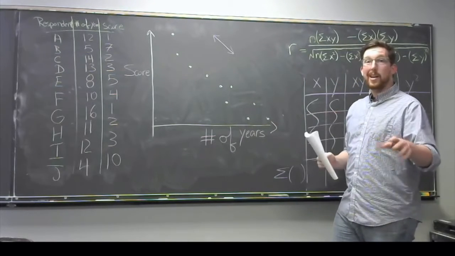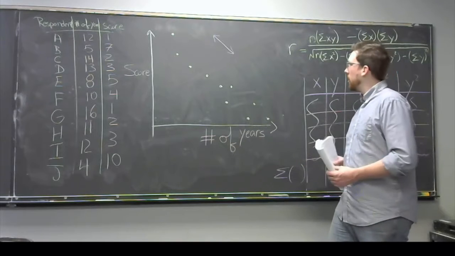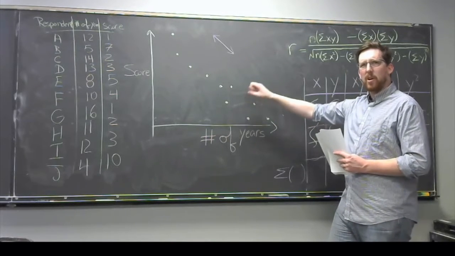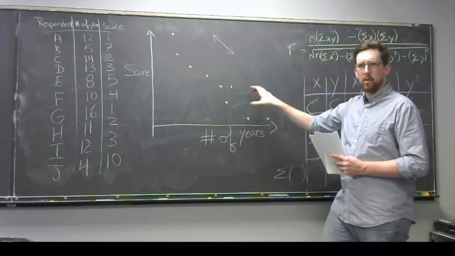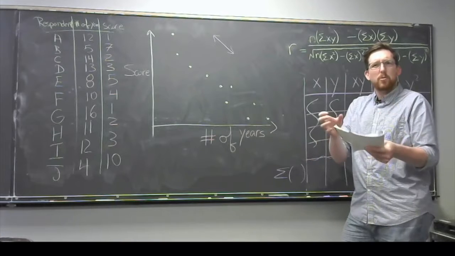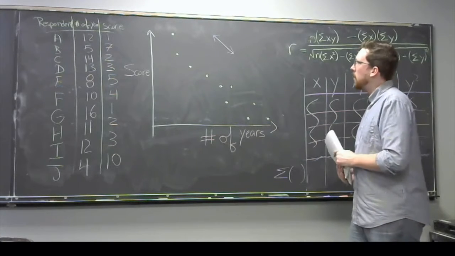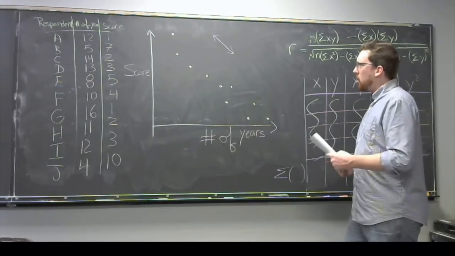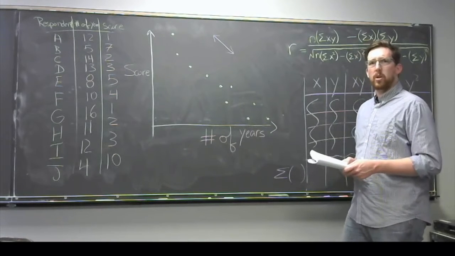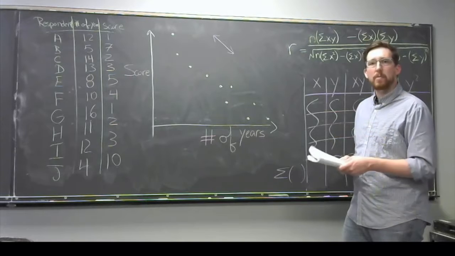So if it's correlated, it's going to be a negative correlation. And I do kind of, looking at this, get the impression of a line existing here, right? It does look like there's some sort of cluster there. Okay, so I expect a relatively decent R value, and for that R value to be negative.